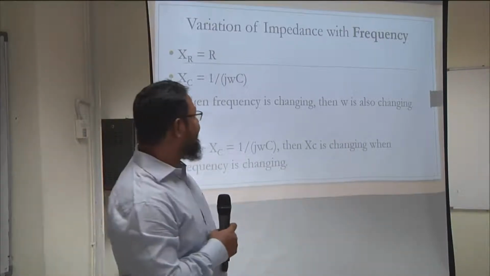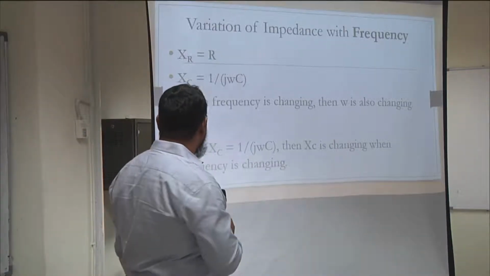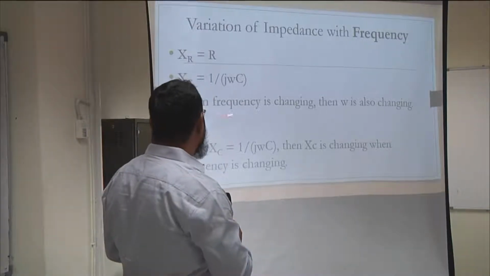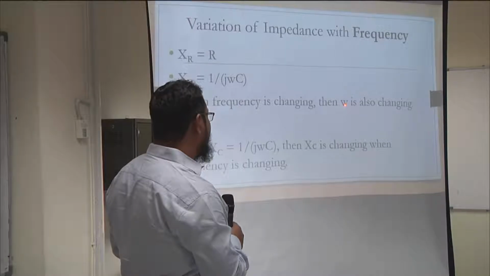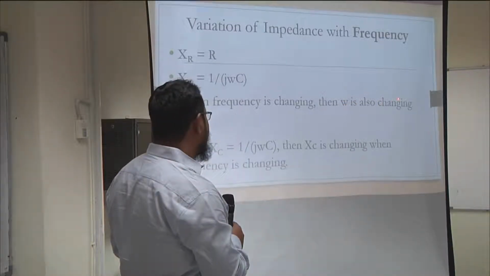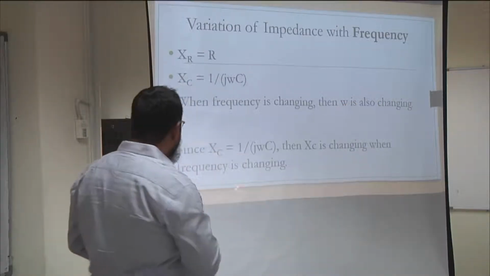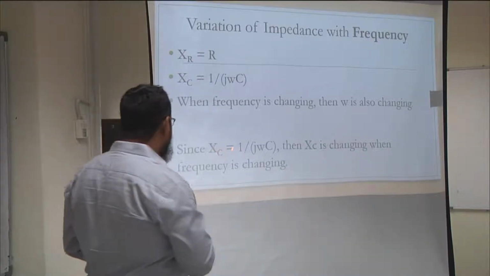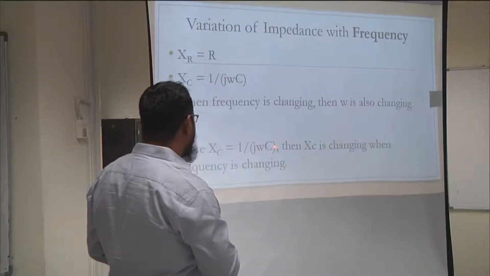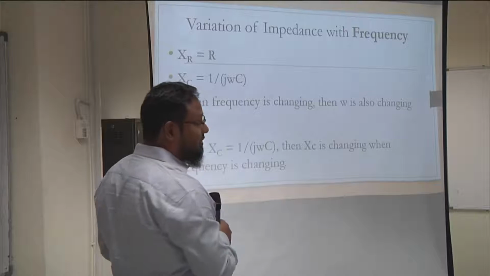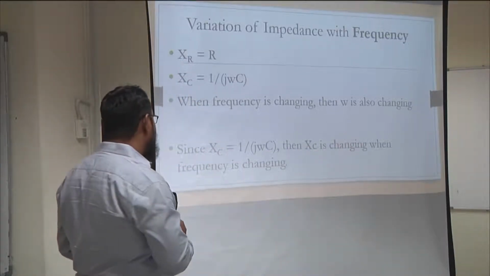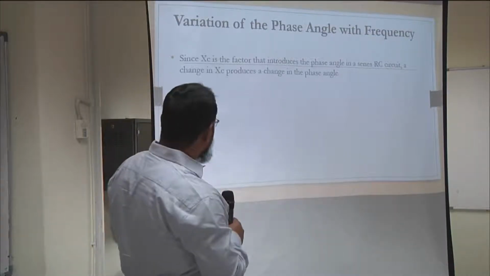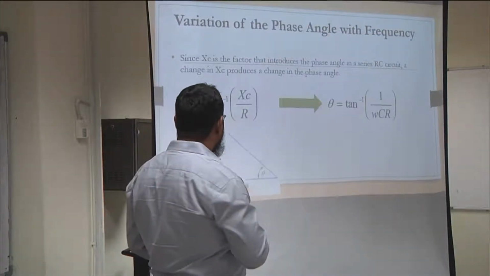See, another complementary thing. That's what we are talking about here. When frequency is changing, then this omega, the angular frequency, is also changing. Since the reactance of the capacitor is 1 over j omega C, which is the same as negative j over omega C, then XC is changing when frequency is changing.